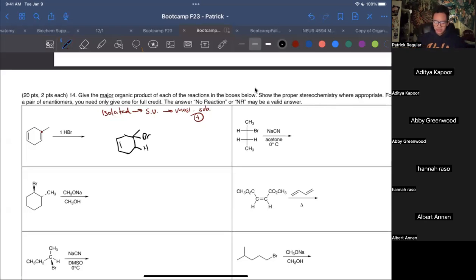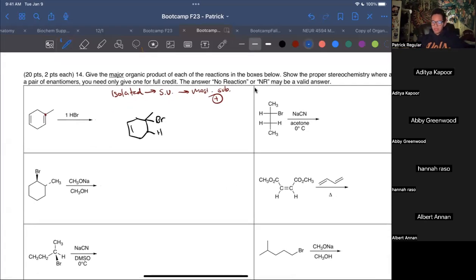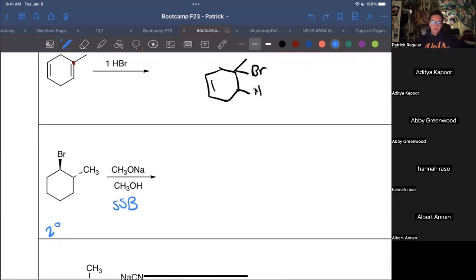All right, now let's take a look at this. We have a small, strong base. And we have a secondary. You might be inclined, hey, small, strong base, secondary, that might be Zaitsev elimination. You might want to go this way. That would be wrong. Even though it pushes for Zaitsev, again, there are limitations for Zaitsev and Hoffman.